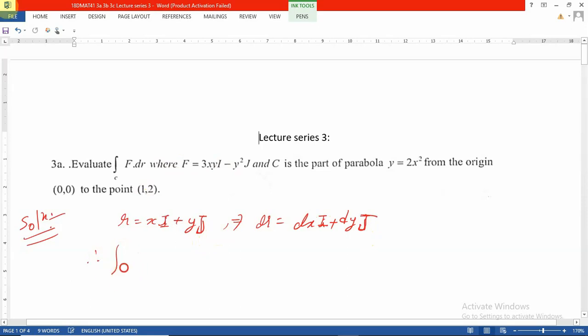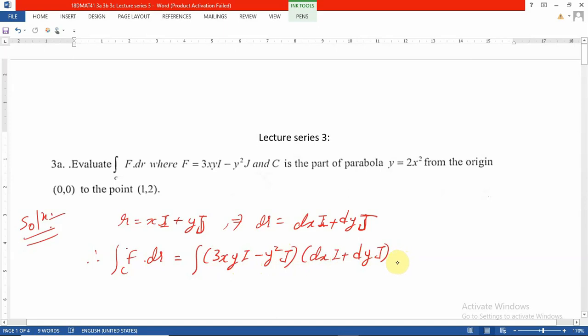Therefore the integral over C of F bar dot dr bar, I am just going to substitute F as 3xy i minus y square j, then dr as dx i plus dy j.